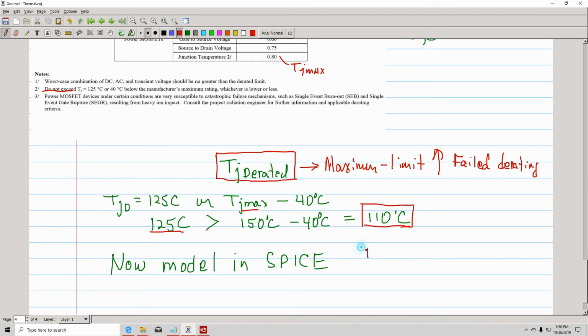So our TJ derated should be 110 C. So we want to keep under this number. Okay, so now let's go ahead and see if we can model it.